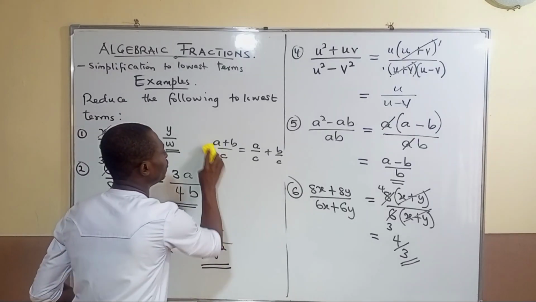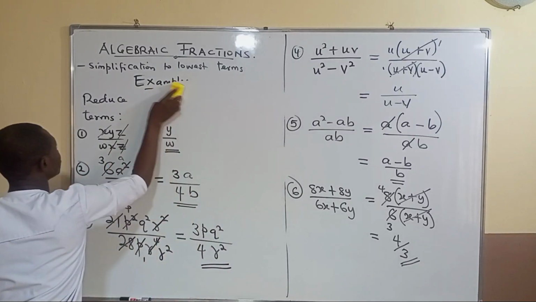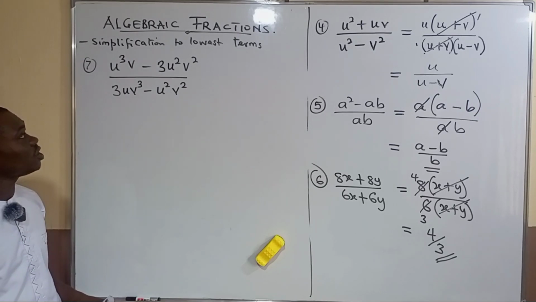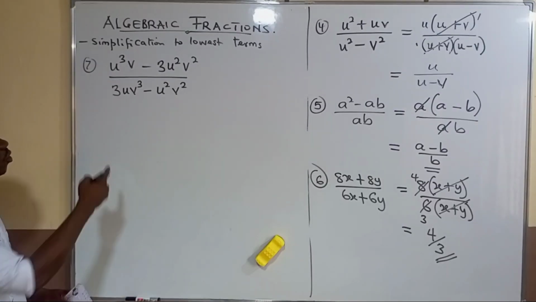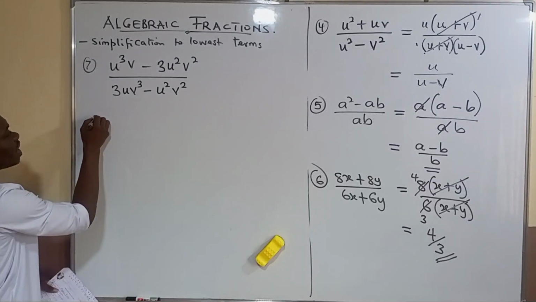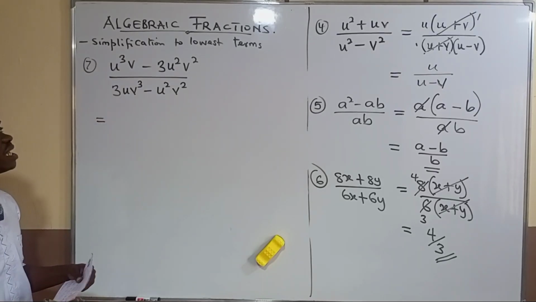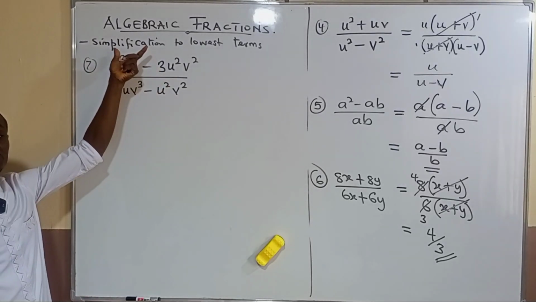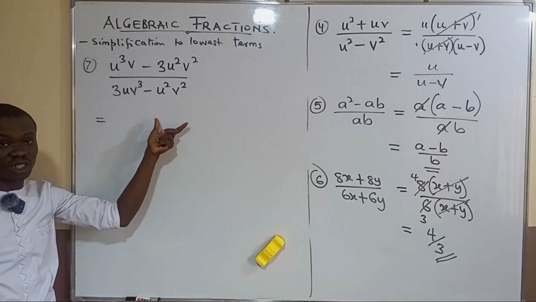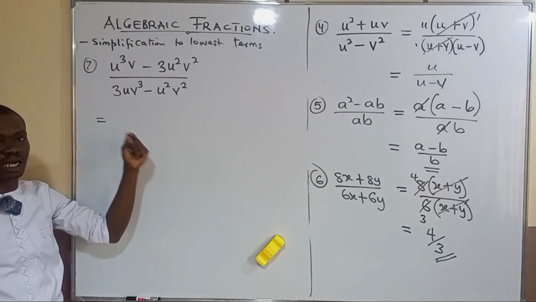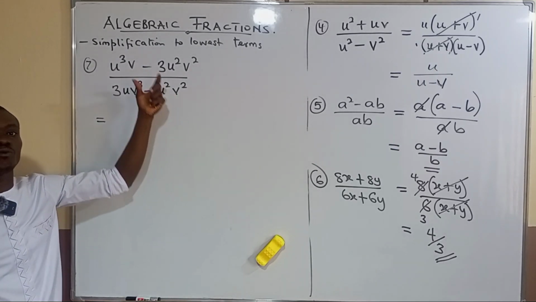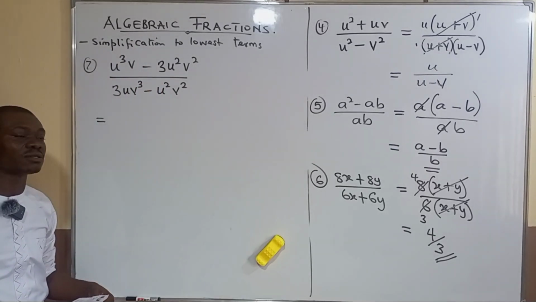Okay, so we'll do a few more examples. So the next example here says u cubed v minus 3u squared v squared all over this. So what do you do here? Now, once you have an expression where there is a subtraction or addition, whether in the numerator or in the denominator, you should know that factorization is needed so that you can form a product where you can actually cancel something.